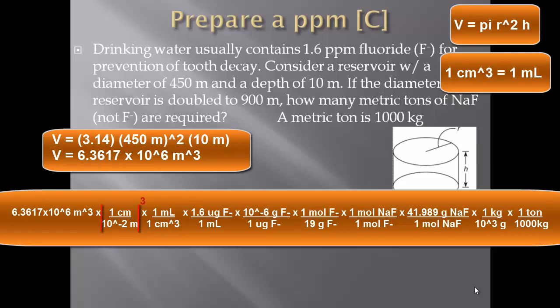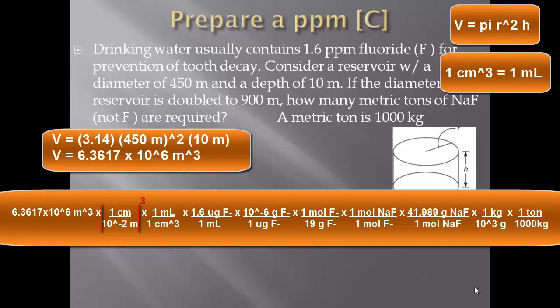So that means that everything inside that bracket is cubed, the number and the unit. So now that meters cubed on the top is going to cancel with the meters cubed on the bottom, and I've also cubed the centimeter. So now I have centimeters cubed, which I'm going to go ahead and use my conversion now. So 1 centimeter cubed is equal to 1 milliliter. Now I go ahead and use my concentration of fluoride.